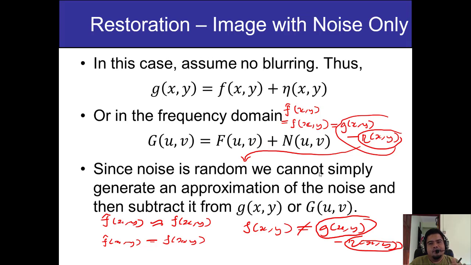If you have a random signal, something unpredictable, you cannot simply do the subtraction operation to cancel between your degraded image and the additive noise so you can get your f, the ideal image, which is free from anything, and thereby achieve your objective of obtaining your f hat. That simple operation cannot be performed here. It's not appropriate to do it that way because of the behavior of the noise, which is a random signal.